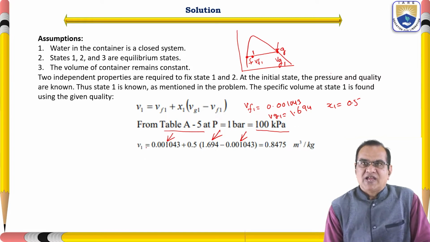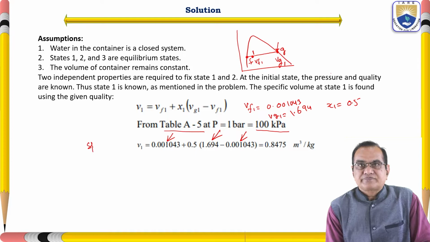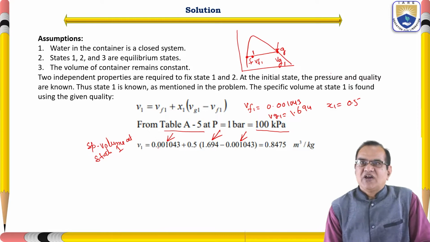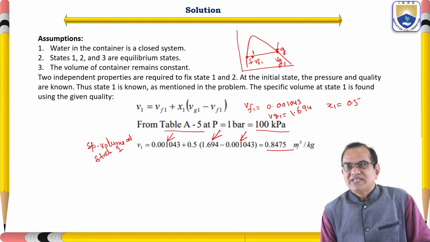If you put these values in, we will get the specific volume at state 1. If you calculate, we get 0.8475 meter cube per kg.